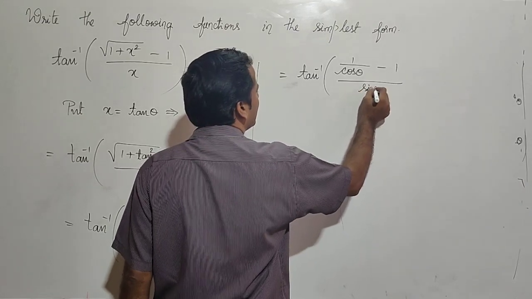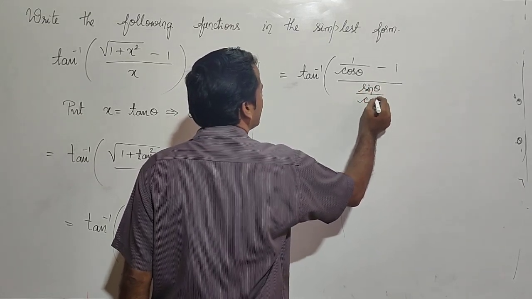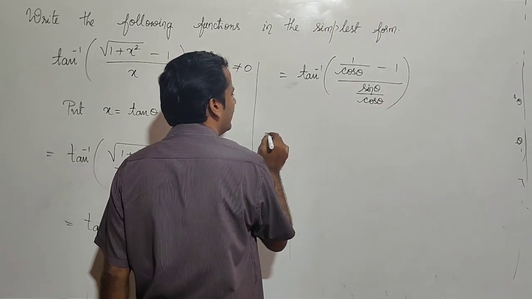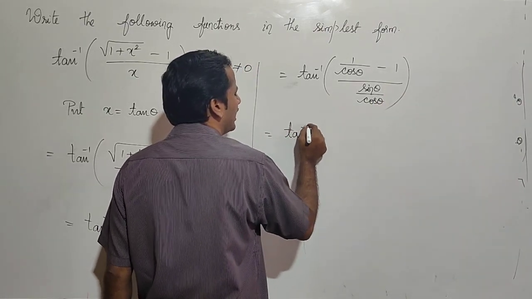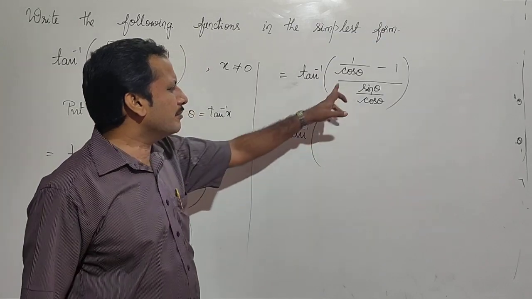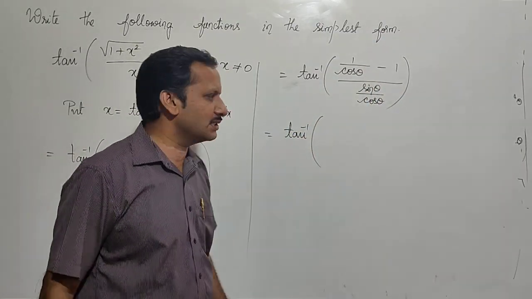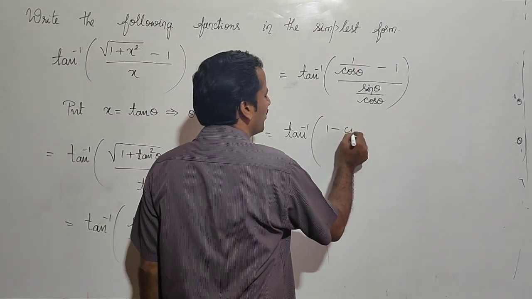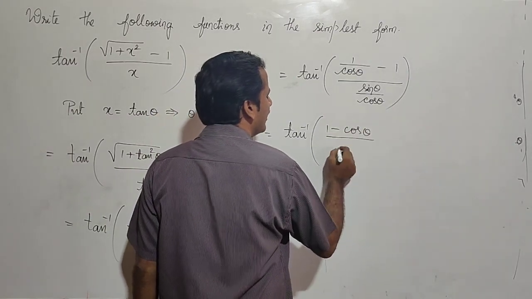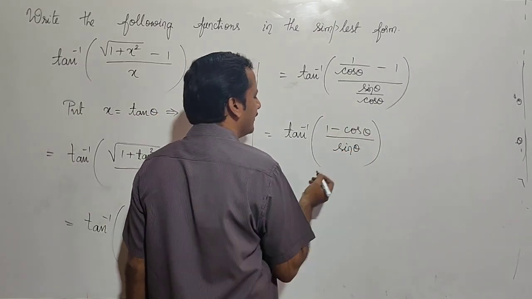I write tan theta as sin theta by cos theta. That's equal to tan inverse of, take LCM here, cos theta is the LCM, that cos theta, this cos theta gets cancelled. Then the numerator is 1 minus cos theta, denominator is sin theta.